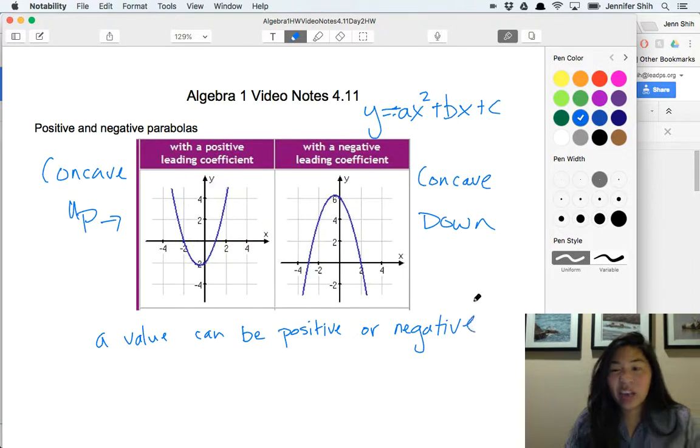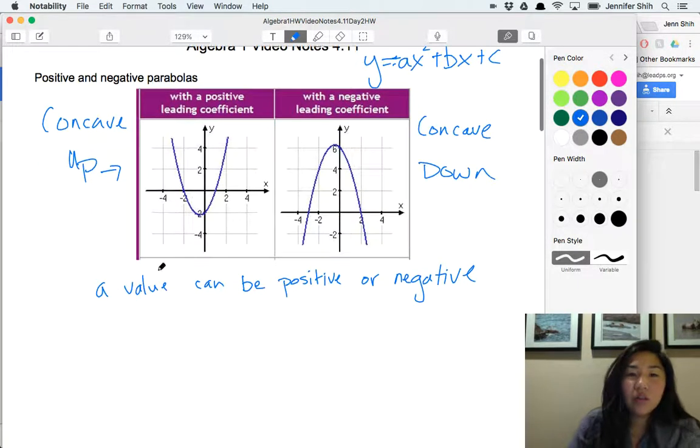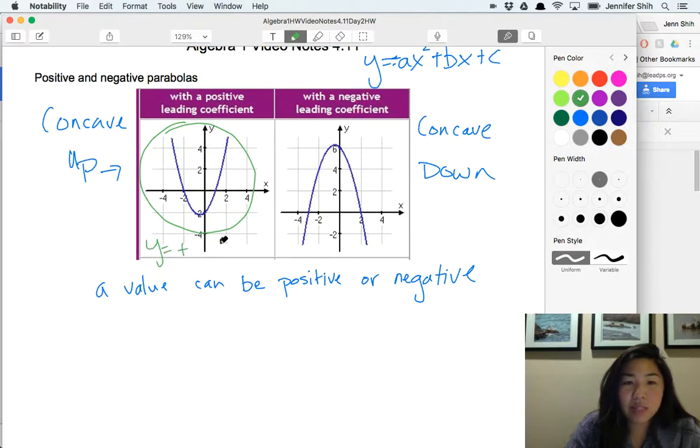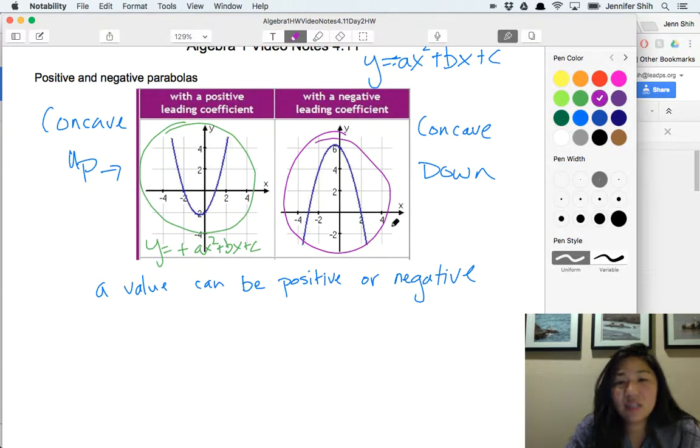When I look at a quadratic, the first thing I look for is the A value, if it's concave up or concave down. That's the first thing I look for. So, for example, this parabola has a positive leading coefficient. So its graph will be y equals positive ax squared plus bx plus c. Whereas this graph over here is concave down.